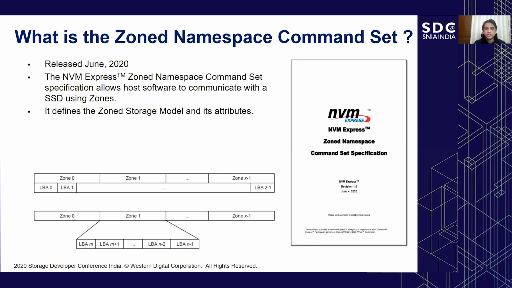If you look at this picture here, if you assume this as an entire SSD, then it shows that from zone 0 to zone x-1, these are the zones available in this SSD, and this is LBA 0 to LBA z-1. And the LBAs are contiguous in the sense that after zone 0, the next LBA would be the previous LBA plus 1 instead of resetting.